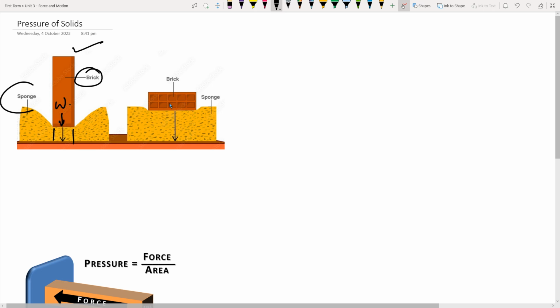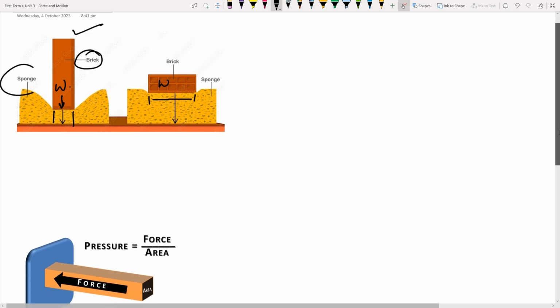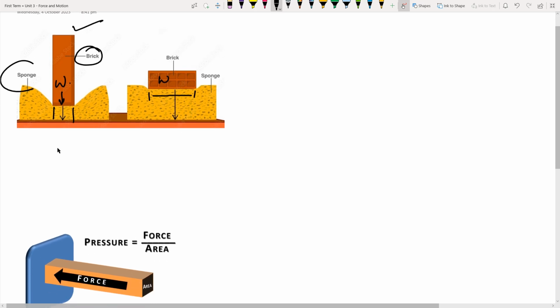The same brick, if placed horizontally, will have the same weight, except now the area at which this weight is acting has increased. So we can understand that it is not just the weight of the object. Here, weight is the force acting downward.